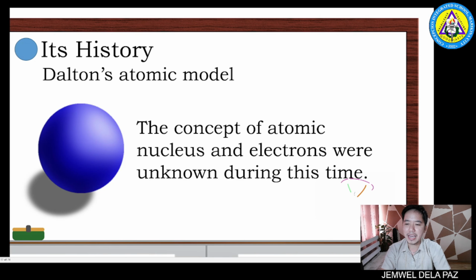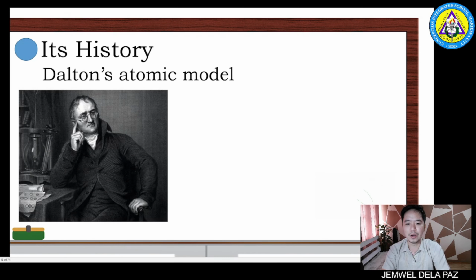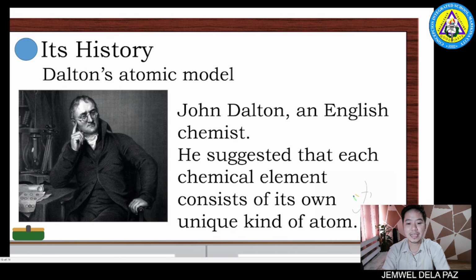But like what I said, because of Dalton's initiative to describe and represent the atom, we were able to come up with a very comprehensive understanding of what an atom looks like. John Dalton is an English chemist.